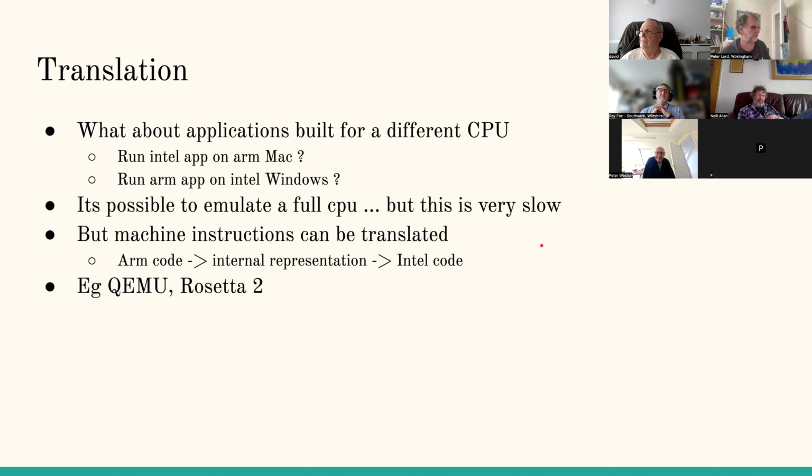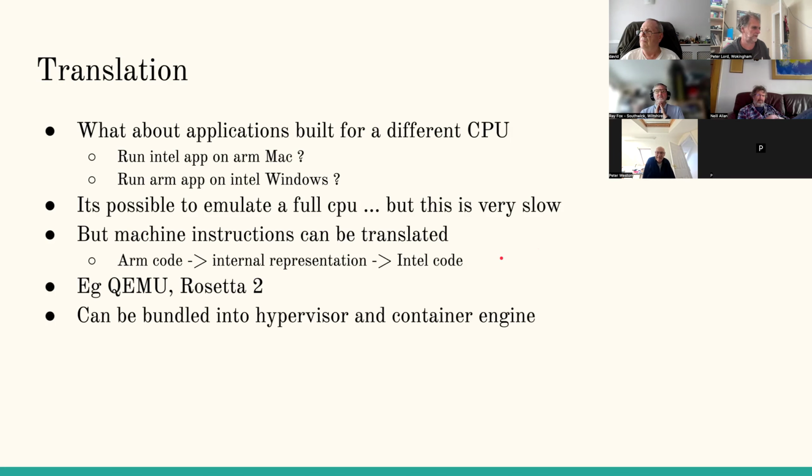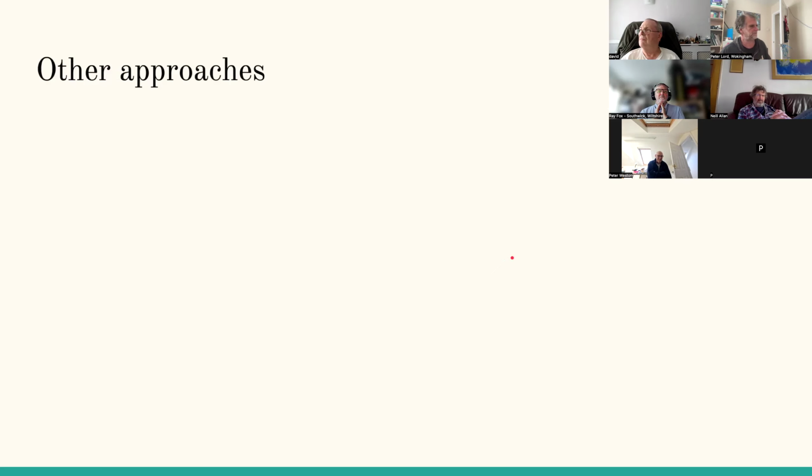So there's a bit of a software-hardware combination here. It's frightening how well it can do it. And tools like Rosetta and QEMU are very often bundled into a hypervisor or a container image, so you're not even aware that this is going on.